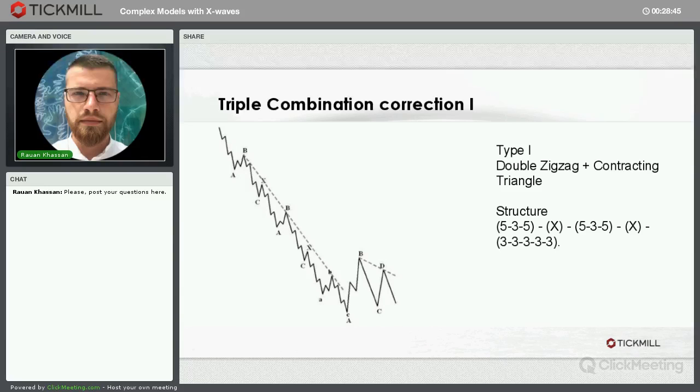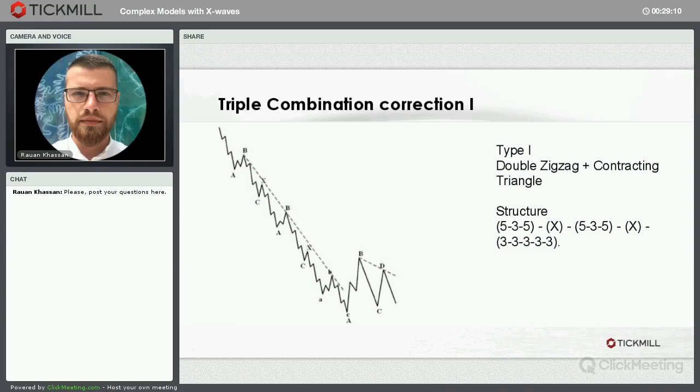I find this model very useful again, as the end of the third zigzag, followed by the beginning of the contracting triangle itself, gives a very good understanding of a possible stop loss level.